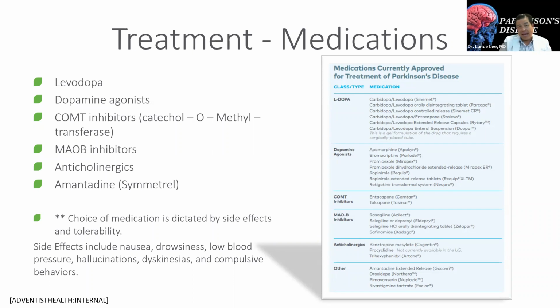We also have dopamine agonists, which means that it acts like dopamine, but it's not dopamine. It just acts on the receptors. And then we also use other drugs like anticholinergics, amantadine, and multiple other agents. Those are on the right side of the slides. And there are many different forms. Some are through patches on the skin, and some are delivered under the tongue.